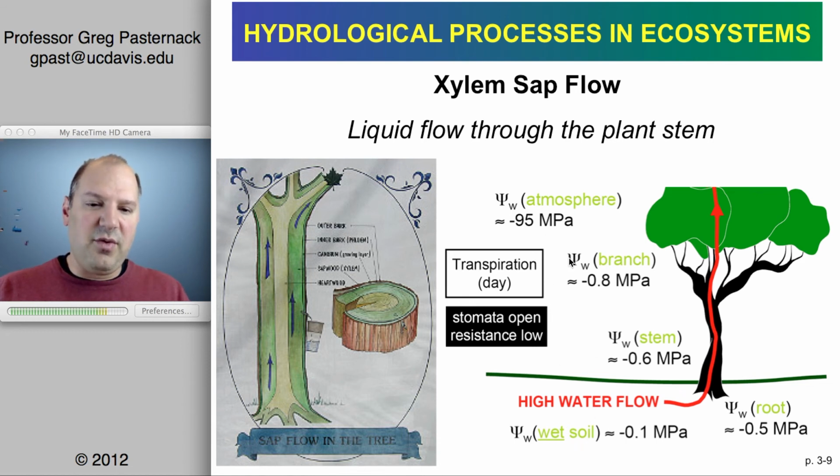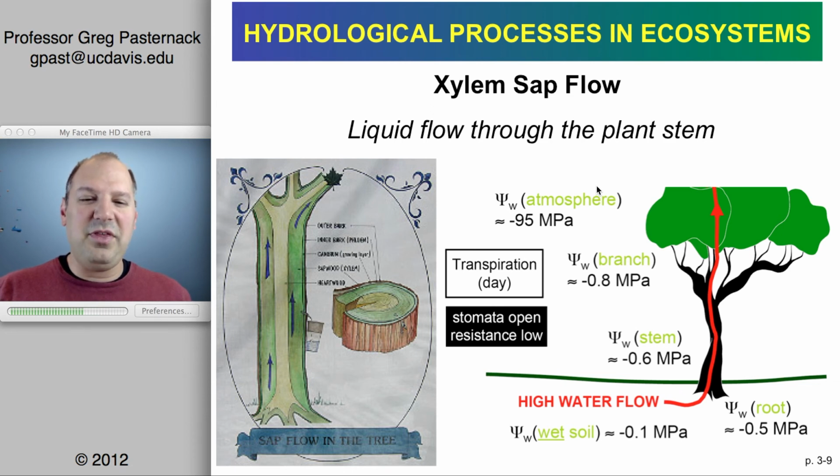So what this image on the right is showing is a gradient in water potential from the soil zone where it's relatively wet soil with a very small value close to zero, and then you have this very, very strong desire in the atmosphere to get water. And it's this gradient that essentially drives the water, because water is a liquid, or a fluid, and all fluids flow from areas of high pressure to low pressure, in the absence of some other larger force.